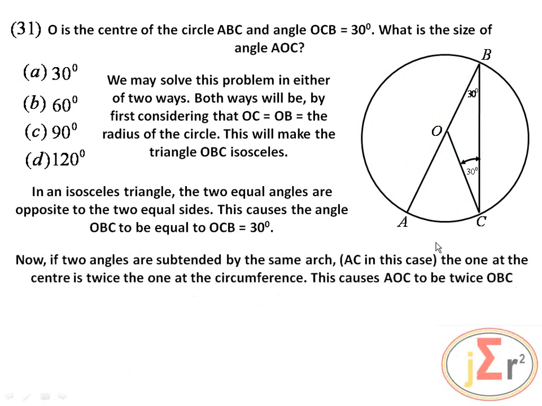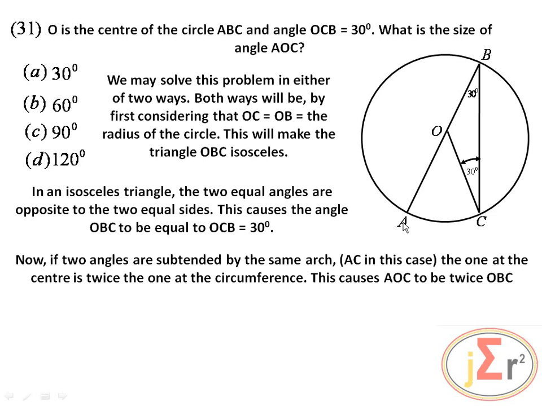Now, if 2 angles are subtended by the same arc, AC in this particular case, the one at the center is twice the one at the circumference. This causes AOC to be twice OBC.